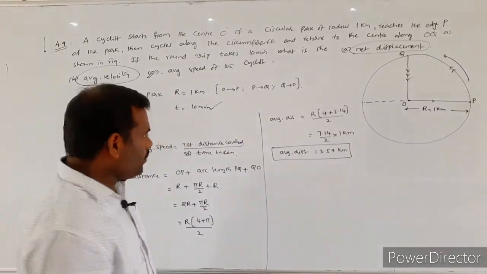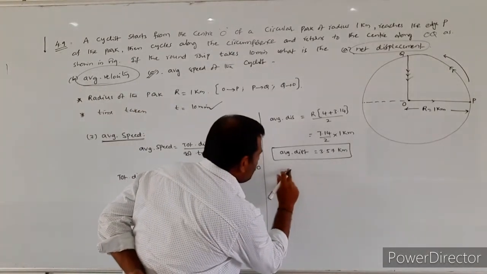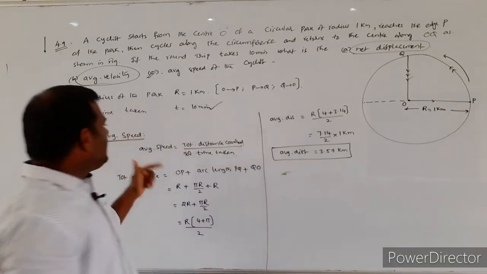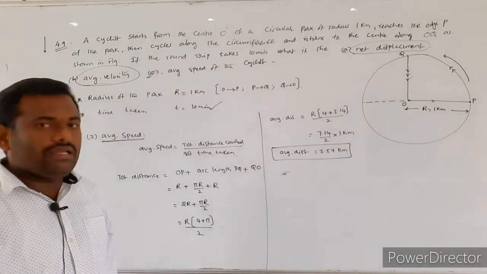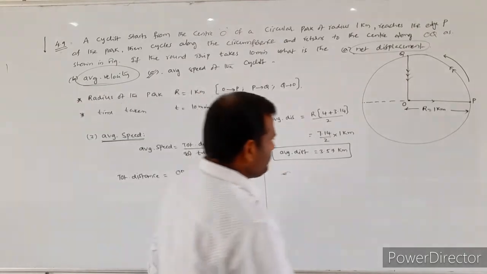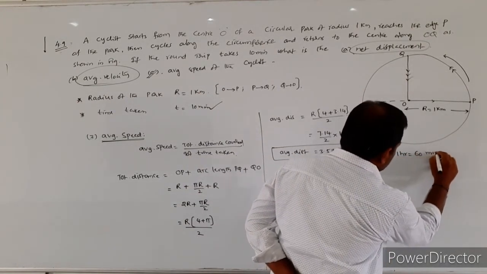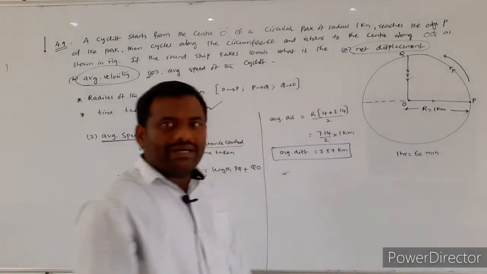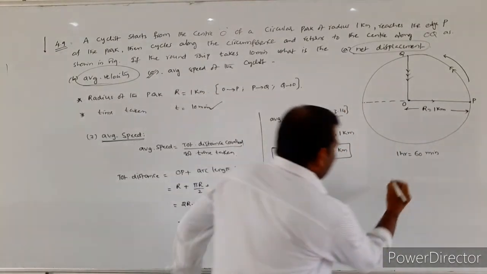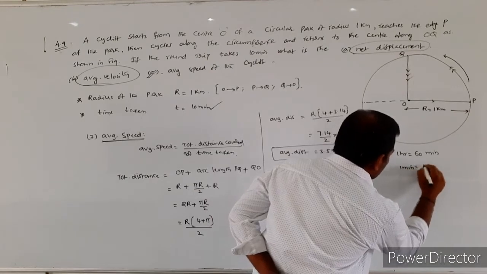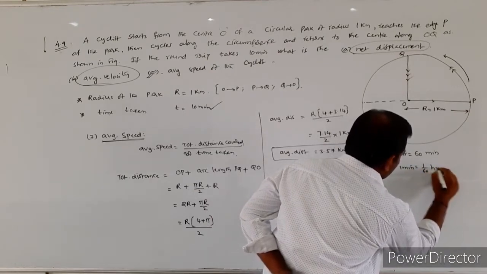Now the time value we have to convert into hours. See here, 1 hour is equal to 60 minutes. From this, 1 minute is equal to 1 by 60 hour.